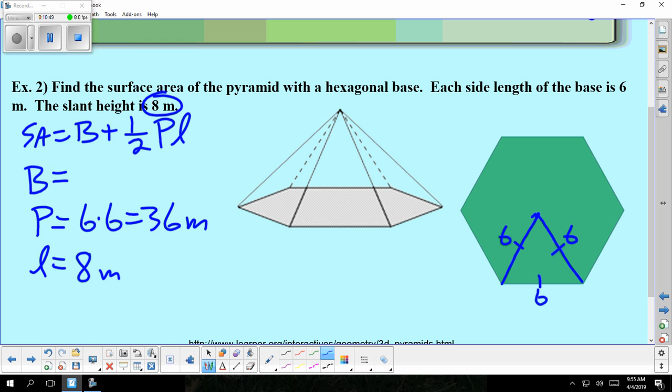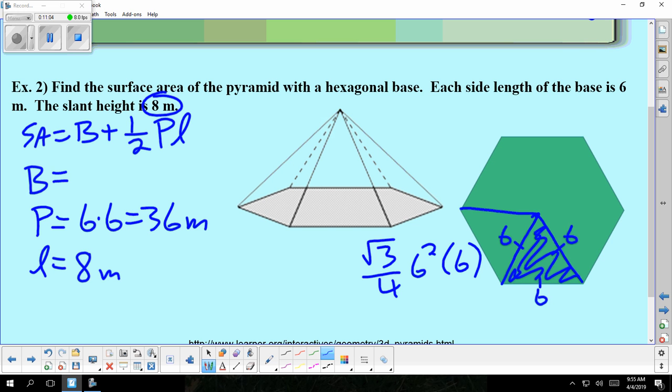I'm going to use square root of 3 divided by 4 times 6 squared. That's the area of one of these triangles, this triangle in blue. And then I can multiply that by 6, because there are 6 of those triangles within my regular hexagon. So that's going to be my area of the hexagonal base. I'm going to put that right there for my base.